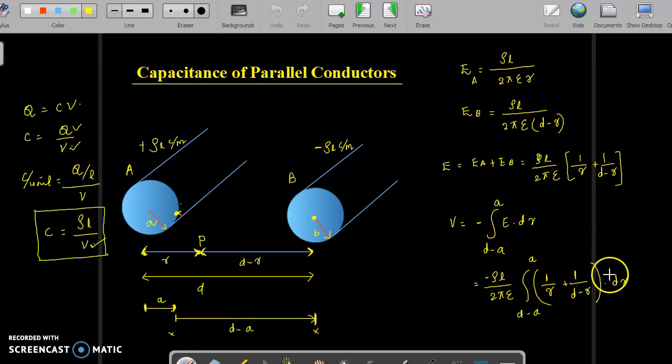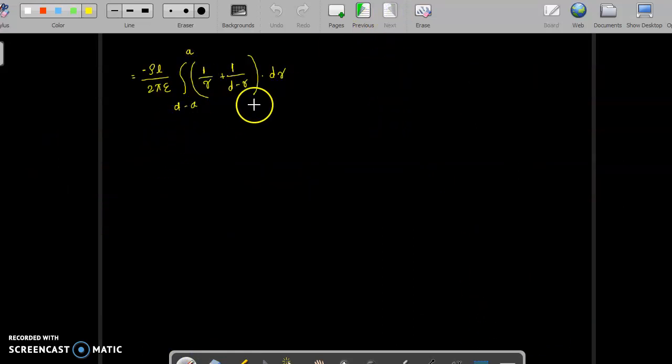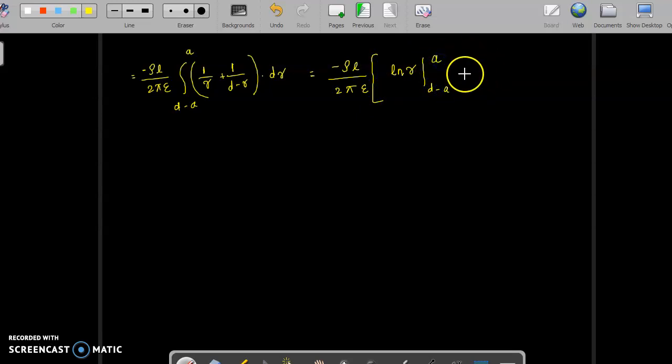Let us copy this term to the next page. Minus rho over 2 pi epsilon. The integration of 1 by r with respect to dr is natural log of r, just substituting the upper and lower limits, d minus a to a. The integration of 1 by d minus r is minus natural log of d minus r, with the upper and lower limits d minus a and a.